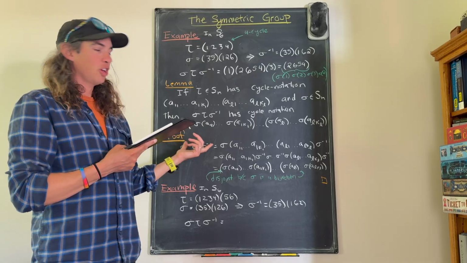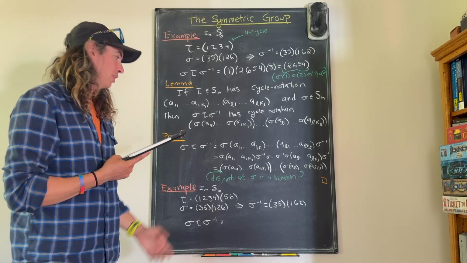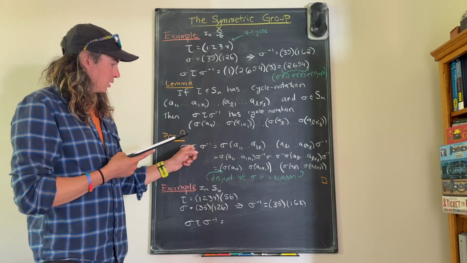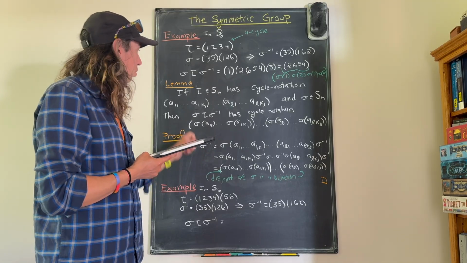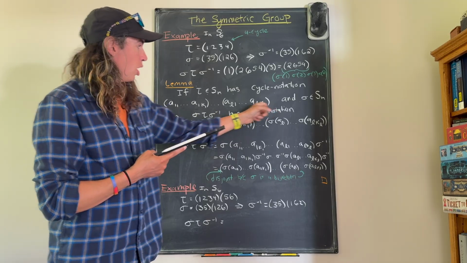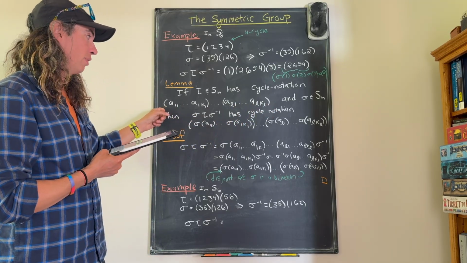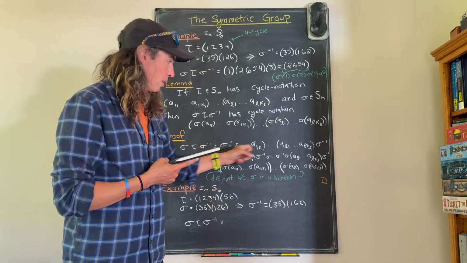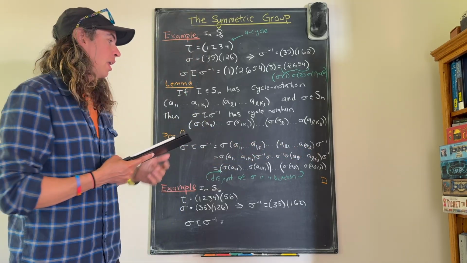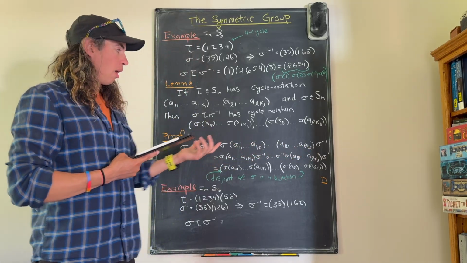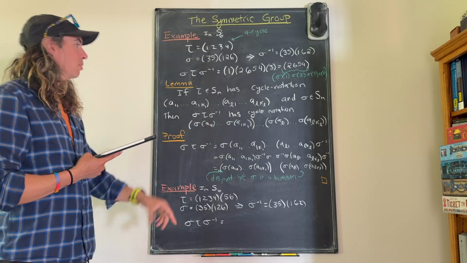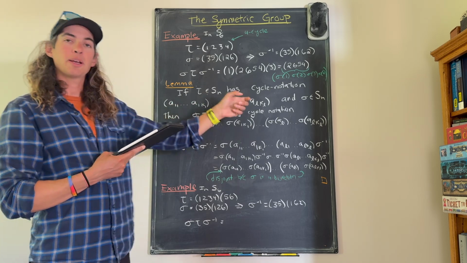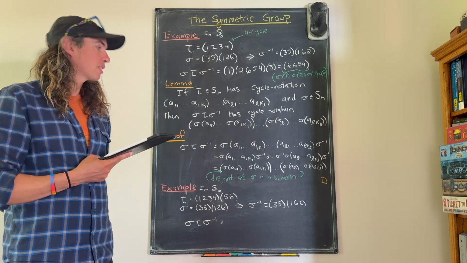It is a cute trick that happens in algebra all the time. So if I do sigma, tau, sigma inverse, well, tau is this product of cycles, and so I just write that product of cycles in there. Whenever I write a product of cycles, that's the same thing as saying I had each of the cycles separately and I compose them in the symmetric group.